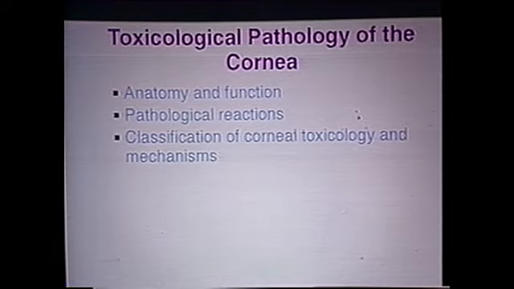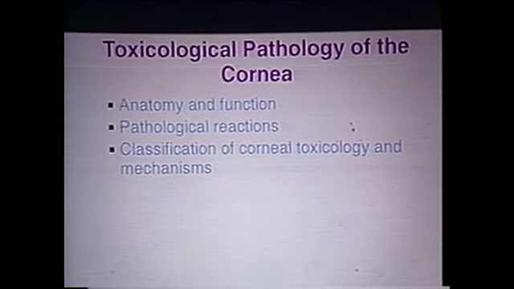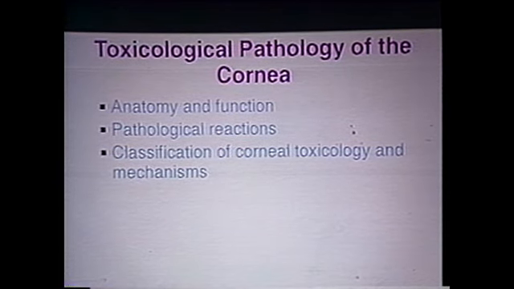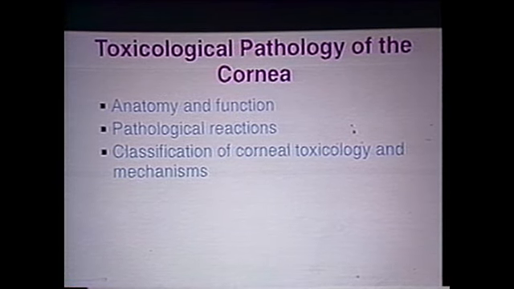So now let's turn to the subject of the cornea. I'm going to cover the toxicological pathology of the cornea in these three sections. I'm going to say a word or two about the anatomy and function, and particularly the aspects of that which relate to toxicological pathology, things which are important.